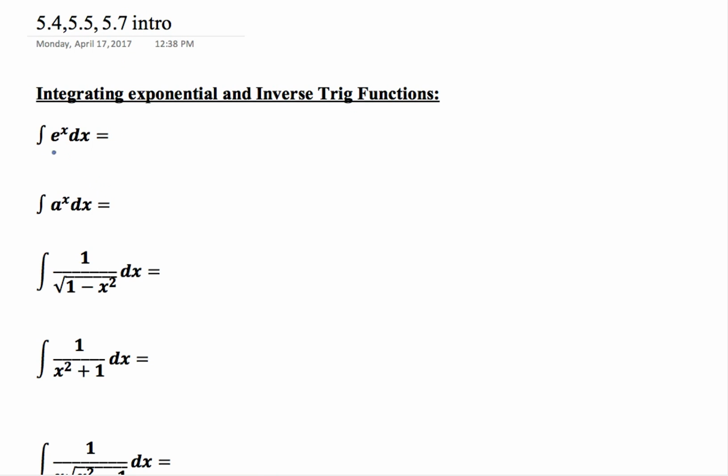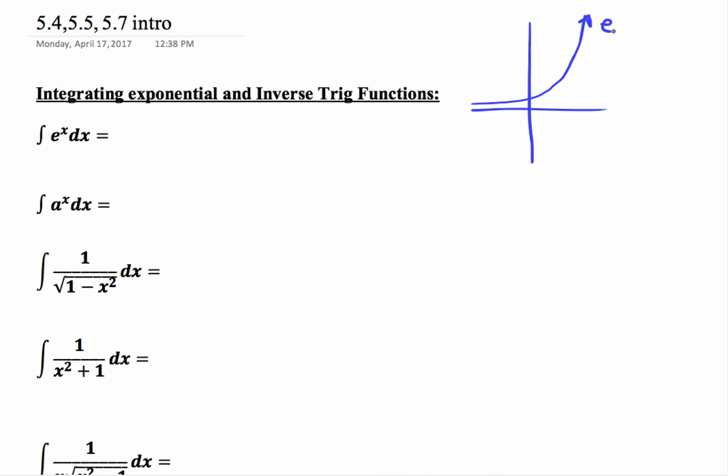Alright, so I think you should already be able to tell me what the integral of e to the x is, even though we haven't done an example like that before. Why? Well, because you know what the derivative of e to the x is. Remember, it's that exponential growth function.